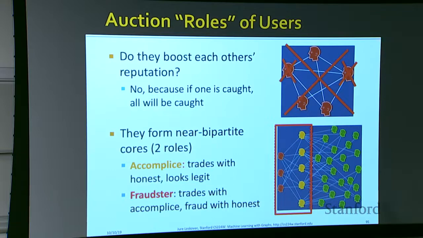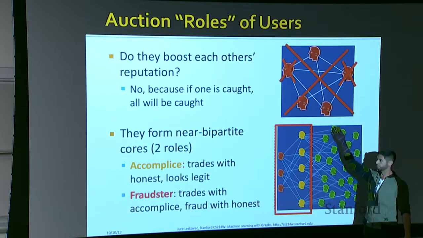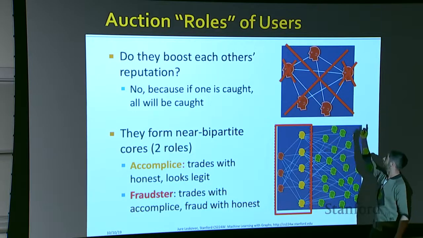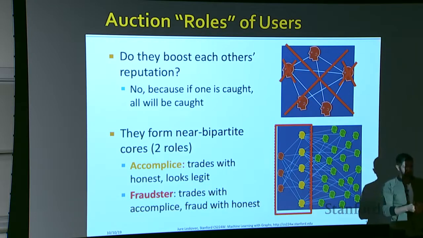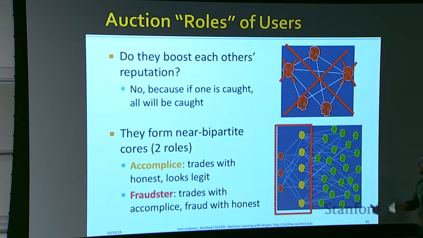So they would just be doing transactions with each other, but this would be very easy for the system to catch, right? Because as soon as you see that they're heavily connected, they have almost clique-like connectivity, and a few of them are identified by the auction website as fraudsters, then the whole clique goes down, right? Because they can quickly find out that they're connected.